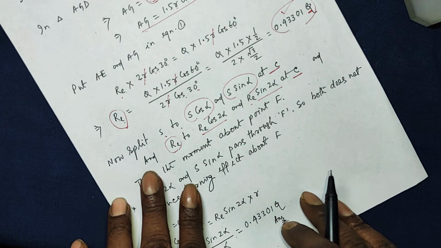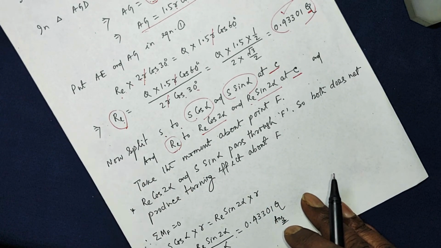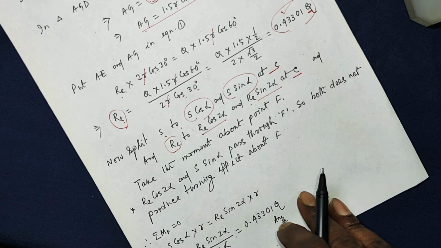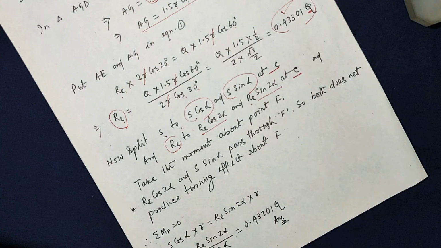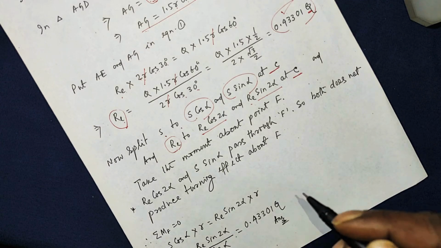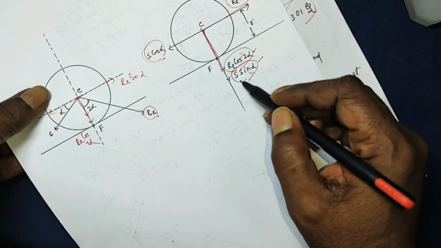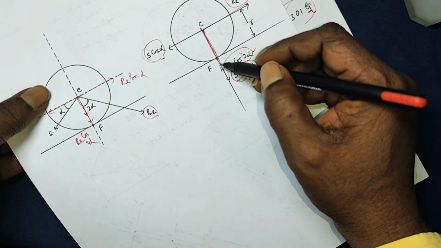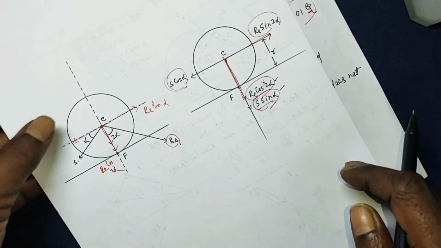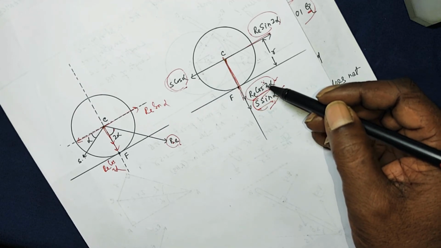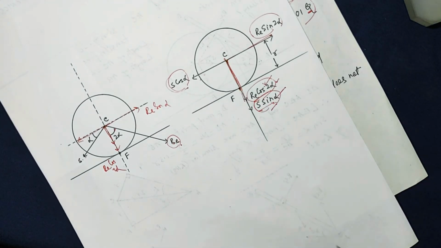And as you can see from the diagram, RE cos 2 alpha and S sin alpha both of them pass through the same point F. Both of them don't have any perpendicular distance from F. So the turning effect of this as well as this about point F is 0.